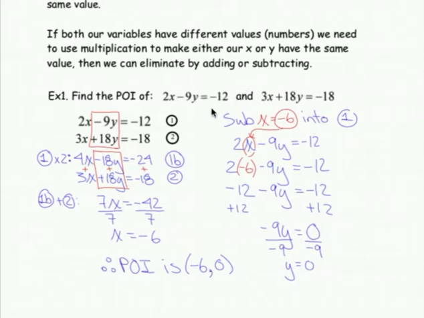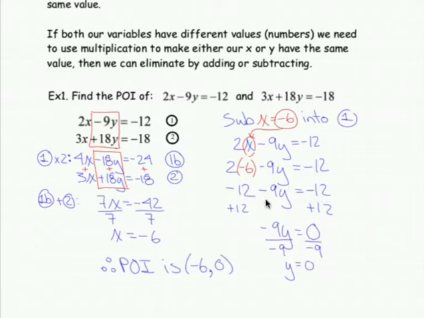Again, it doesn't matter which one you choose, but you just got to pick one. So we're going to sub negative 6, what we just found, into our first equation. So we're going to plug that in. And we get 2 times negative 6, which gives us negative 12, minus 9y equals negative 12.